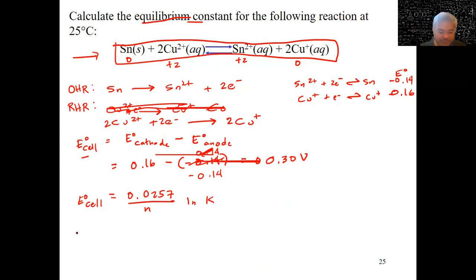So I will have N E cell divided by 0.0257 equals ln of K. So what is N? What's the value of N? Anyone? Anyone who wants to answer?